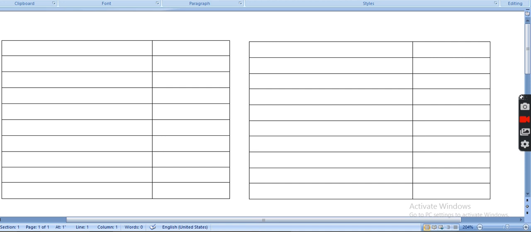First one, calculation of operating leverage. First you have to write particulars and rupees.